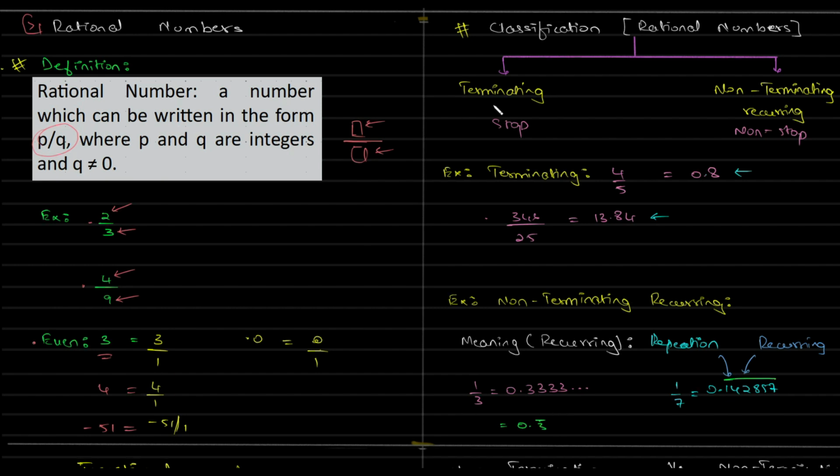But you need to understand what a rational number is, and that a rational number has further classification as terminating and non-terminating. Terminating is when, post division, the decimals you get will stop, right? In non-terminating recurring, it will never stop.